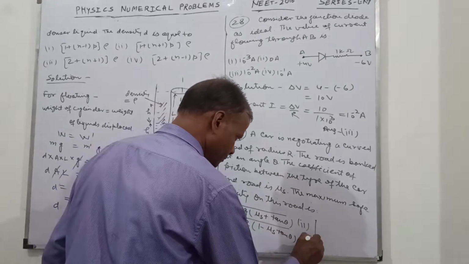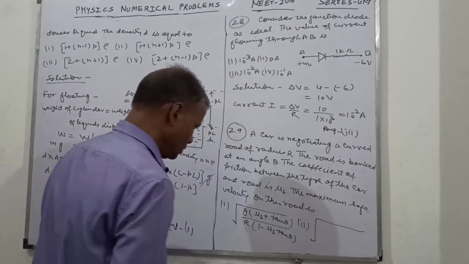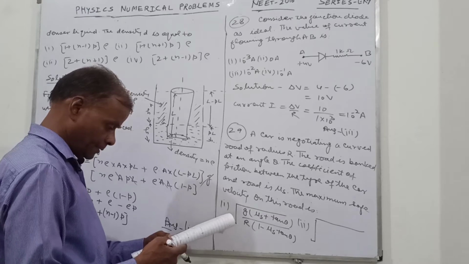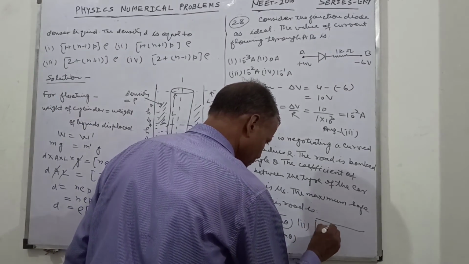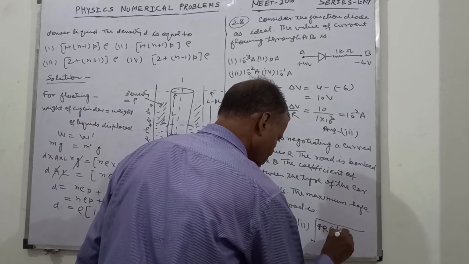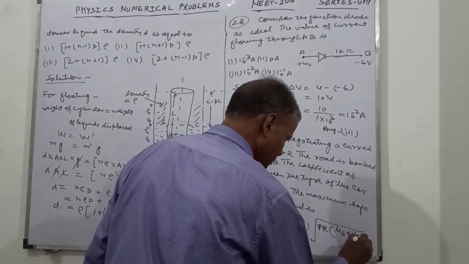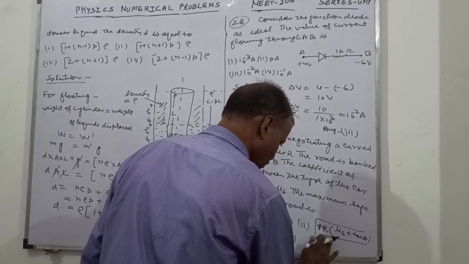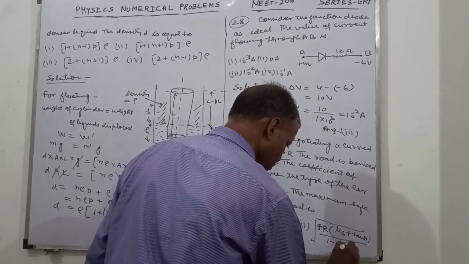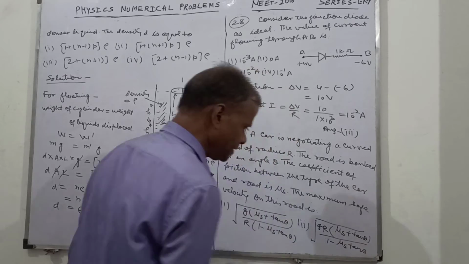Now second option, square root of gR into mu s plus tan theta upon 1 minus mu s tan theta.